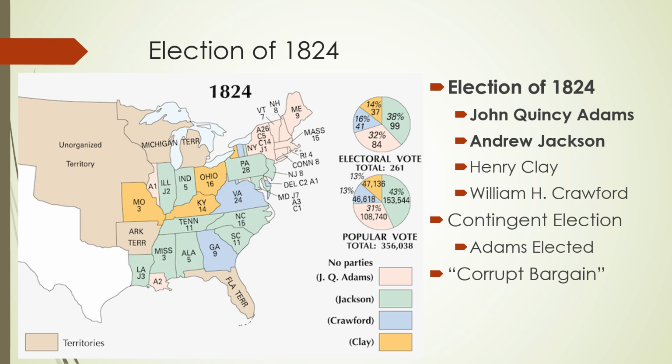For one, we just came out of the Era of Good Feelings, partly because there was no political division. Everybody was the same. Everybody was a Democratic Republican. There was no political division between the Federalists and the Democratic Republicans. So that was good. And then we have this election.